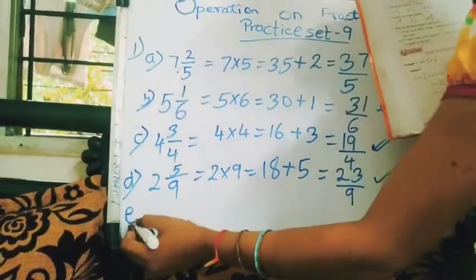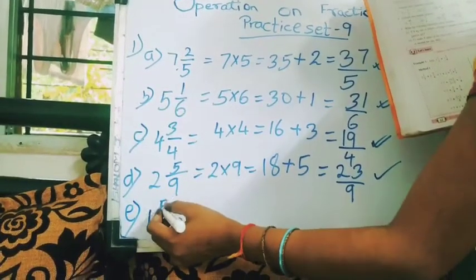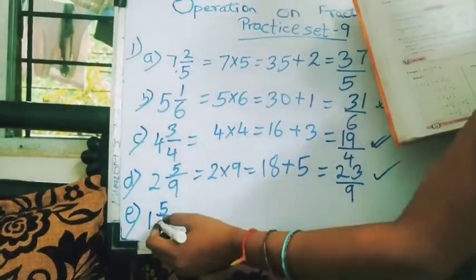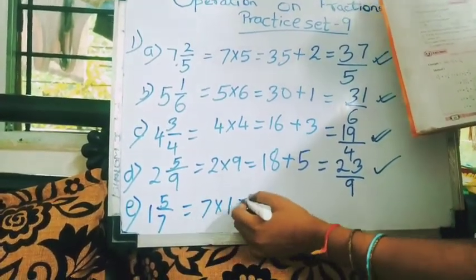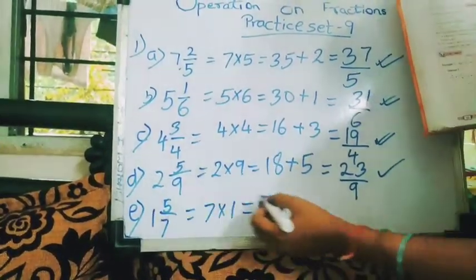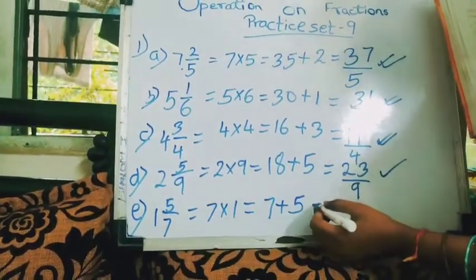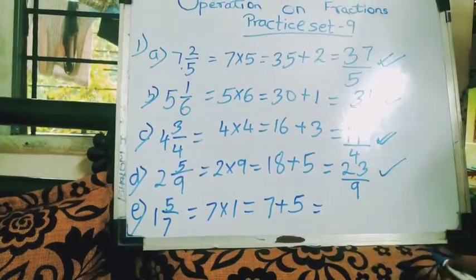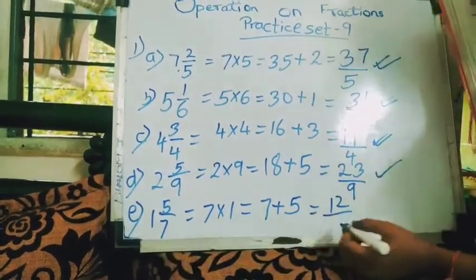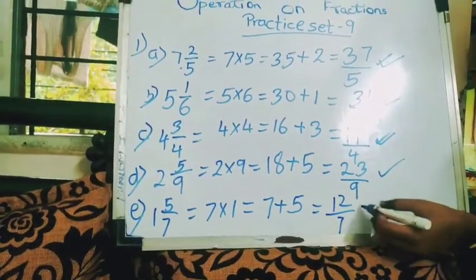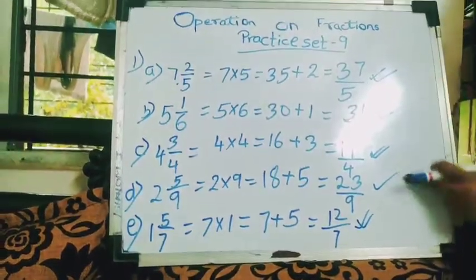E question, last one, is 1 upon 5 by 7. Multiply 7 into 1, how much? 7. Yes. Now again add how much? 5, because the numerator is 5. 7 plus 5 is equal to how much? 12. By denominator 7. Now we have changed the mixed fractions into improper fractions.